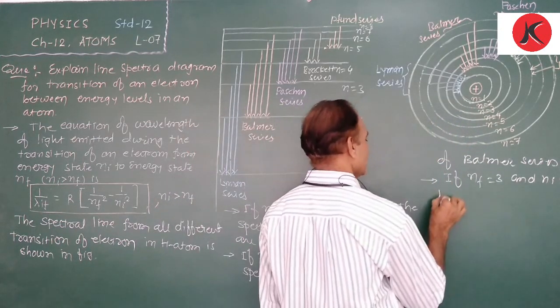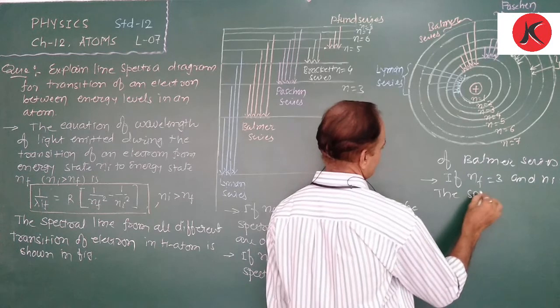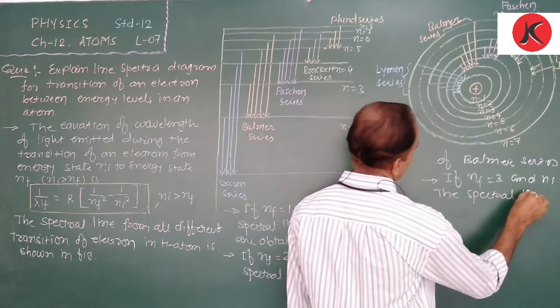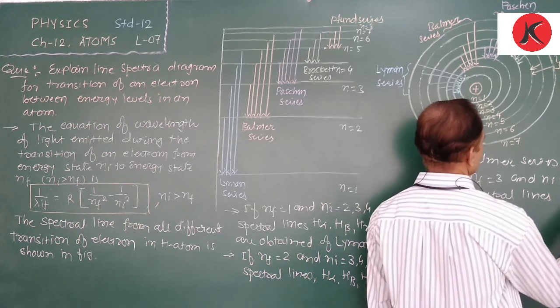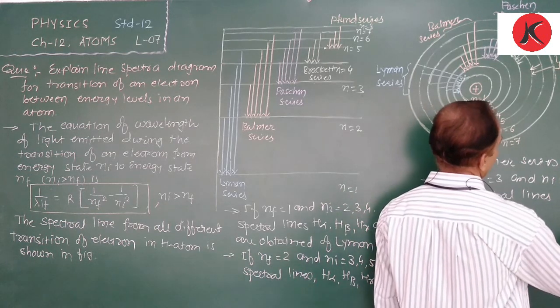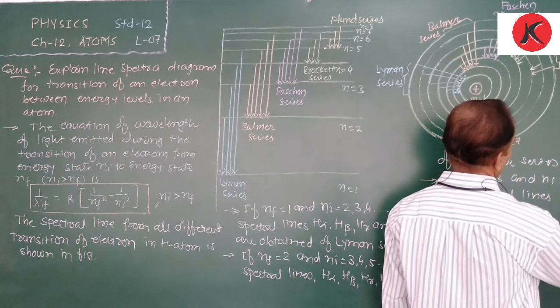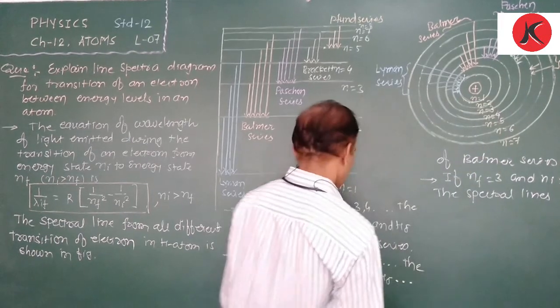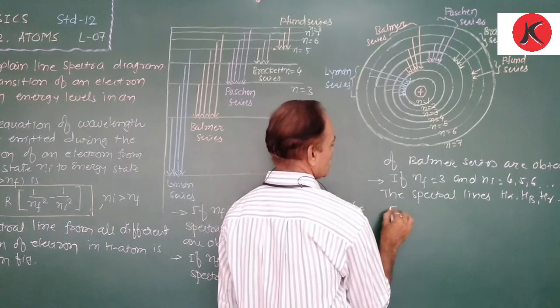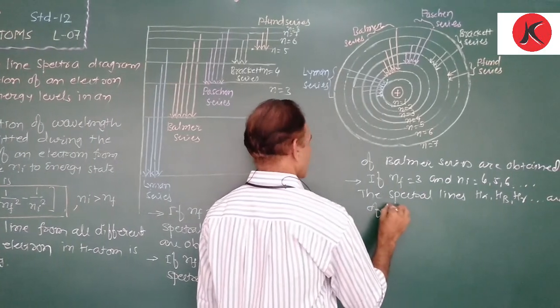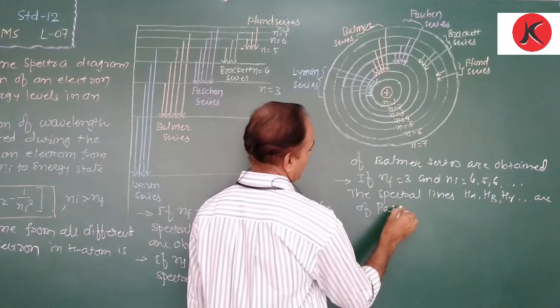the spectral lines H alpha, H beta, H gamma of Paschen series are obtained.